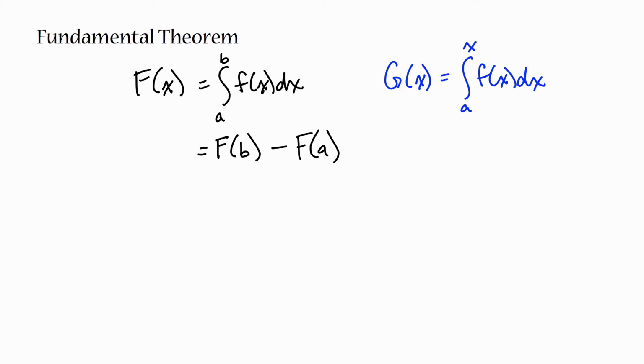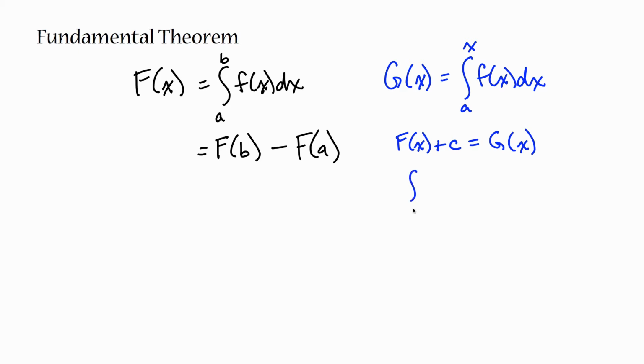So by virtue of the infinitely many antiderivatives, there must be some value of c for which f of x plus c is equal to g of x. Right, because all the antiderivatives of our function little f of x differ by some constant amount. So that's our c here.